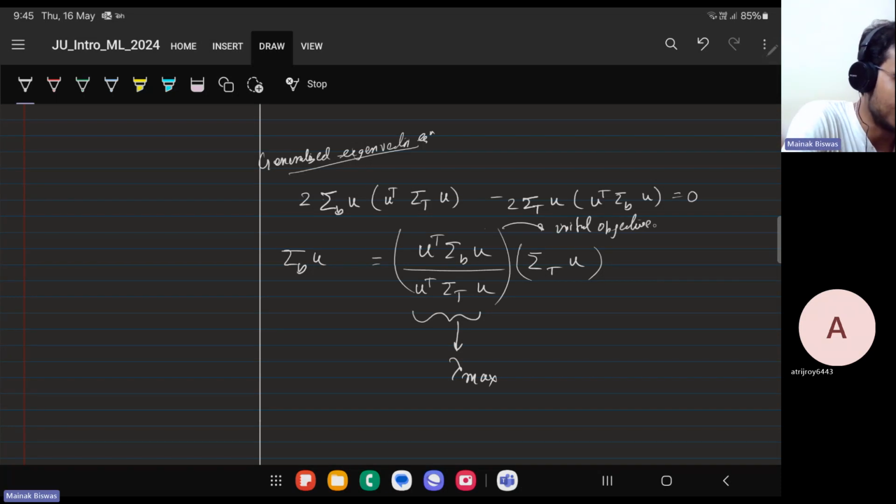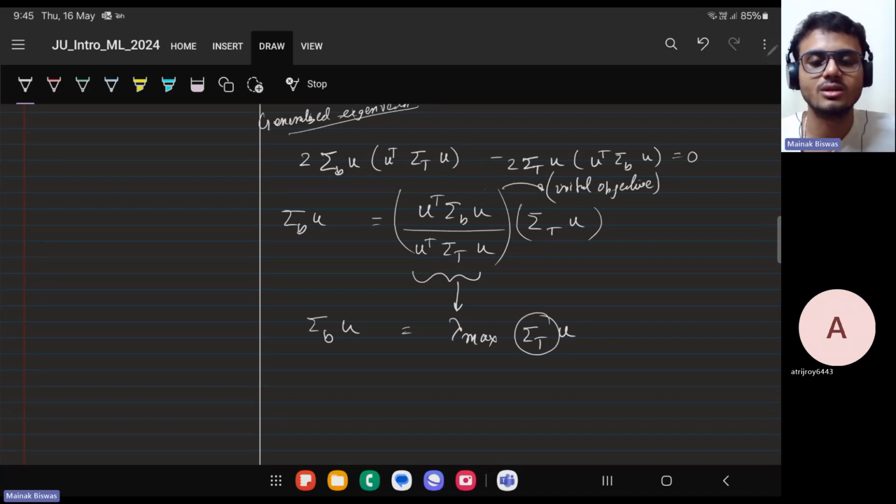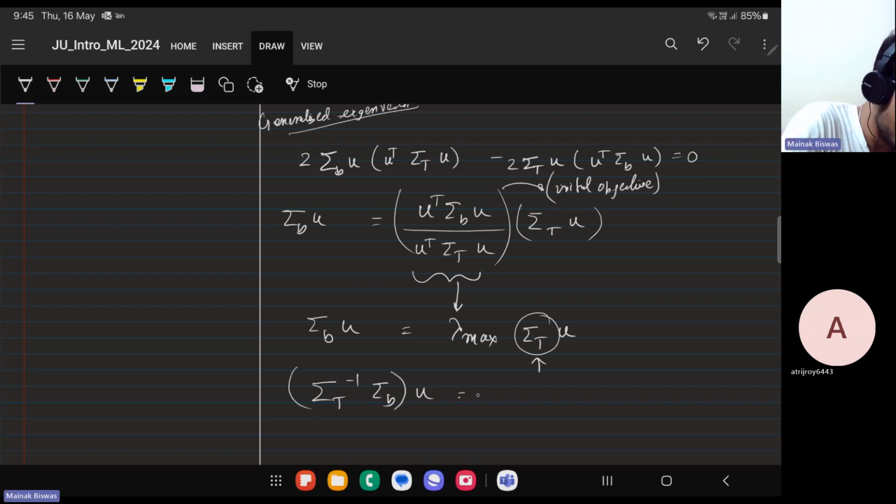We'll see why I'm writing this as lambda max, but for the time being, let us write this as lambda max. Sigma t is invertible, full rank. We have said. Otherwise, the definition will not work. All right. So I can invert it.